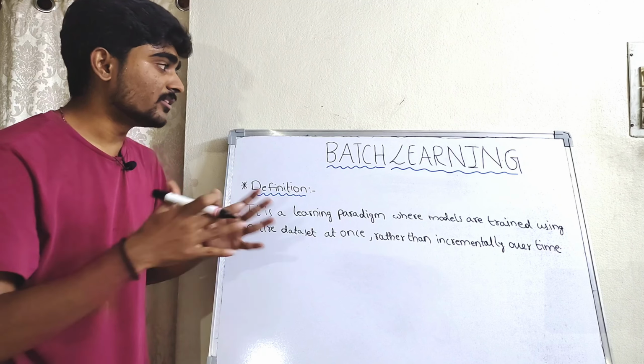First we consider the dataset. After dataset pre-processing and everything is done, and when we are ready with the data, we train a machine learning model on this dataset. After the entire training process is completed, we evaluate the results on the test data.